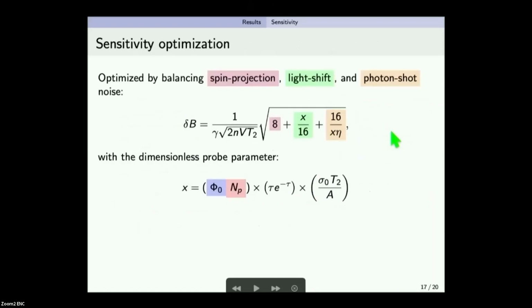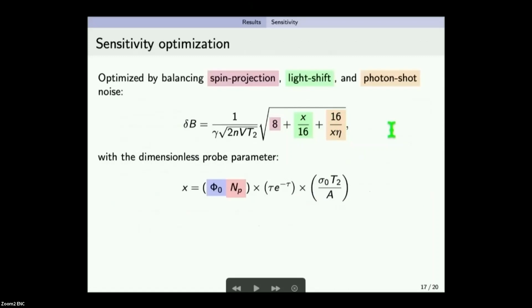So optimizing this sensitivity is a lot of work. There are so many different noise sources, and these are the fundamental ones, not including the background interference from the environment. The main ones that I have to deal with are photon shot noise, but the spin projection and light shift noise are also big contributions if you have different setups.